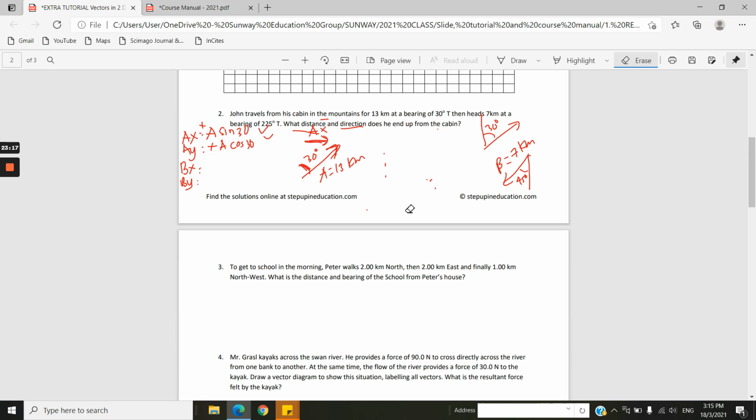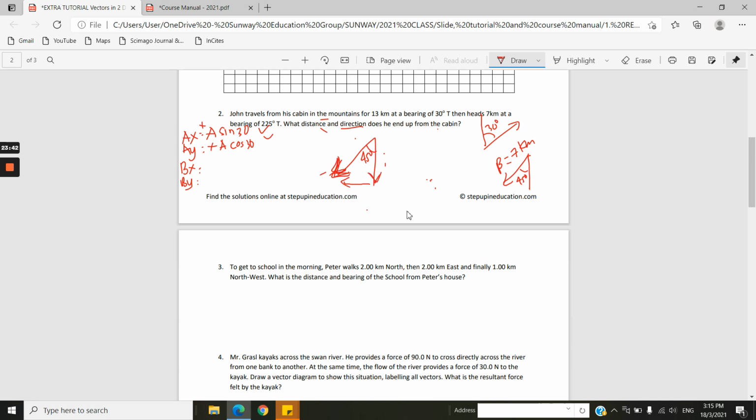Okay, now let's resolve for B. Your B is a bit weird, your B is like this. So the angle is here. You can use 45 degrees this side or this side, doesn't matter, it's 45 degrees. Now it is going down left, correct?